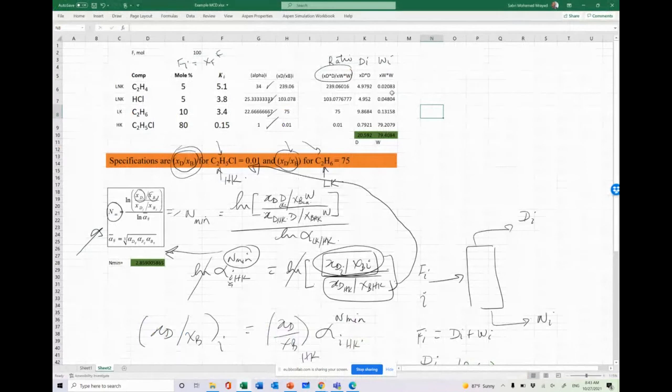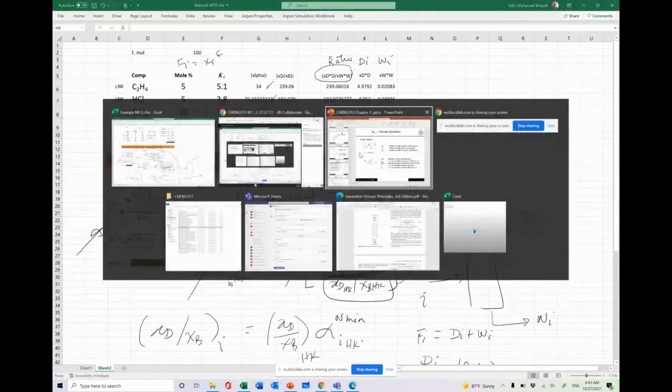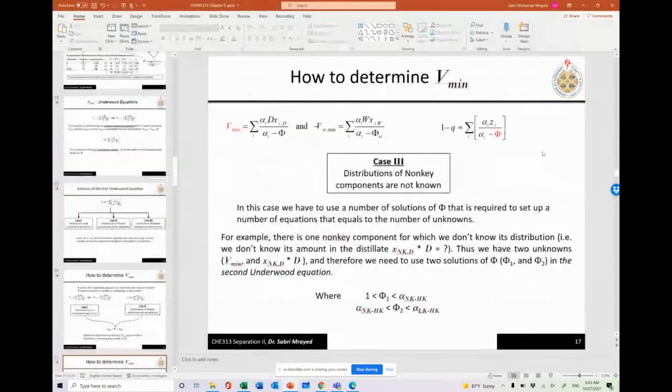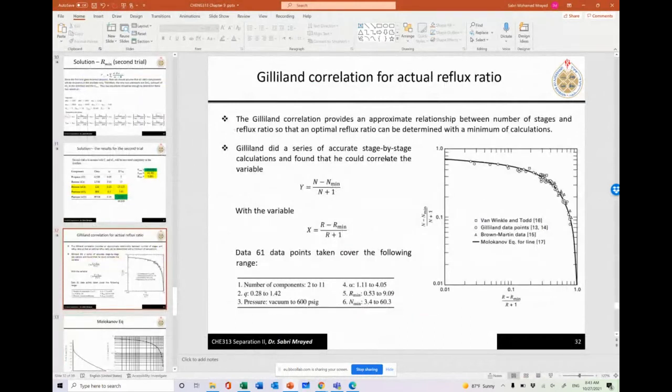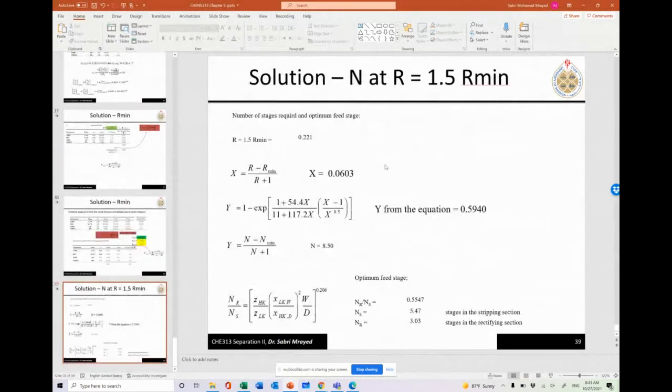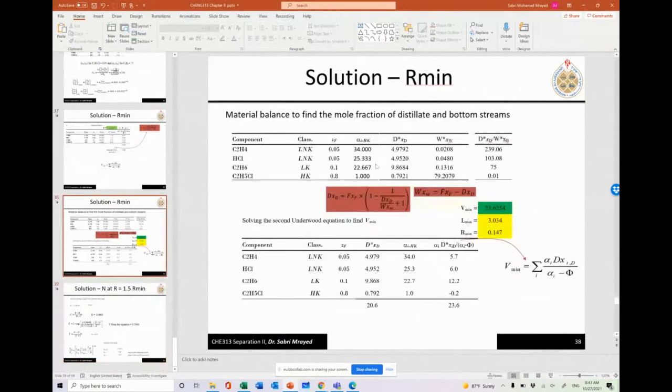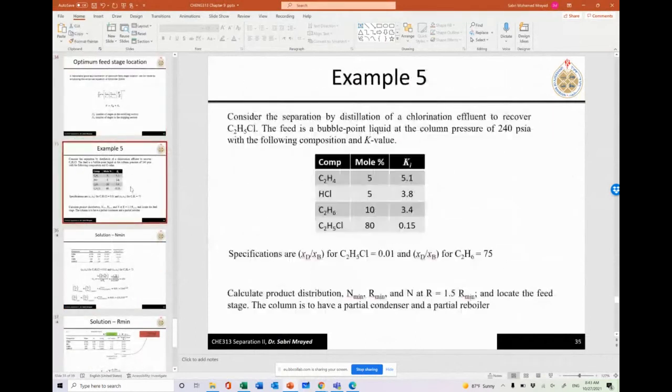Right. Now, what we wanted to determine, if we go back to my problem here, I got N minimum, and now I need R minimum.